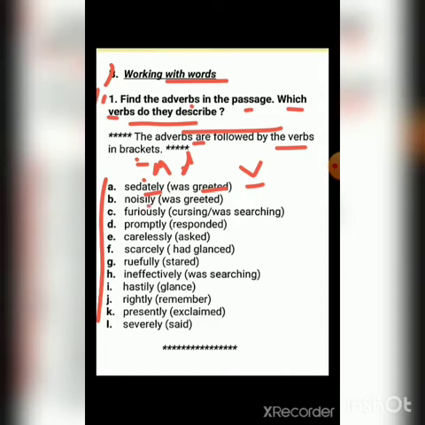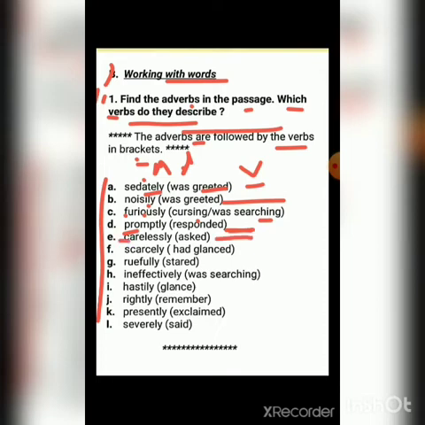अब noisily was greeted, furiously, आप furiously के साथ में क्या कहते हैं, she was furiously cursing or was searching, ठीक है, because furiously means angrily. Promptly means quickly, और responded हमने आगे verb डाल दिया.